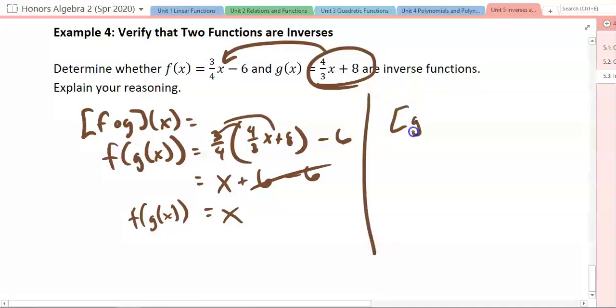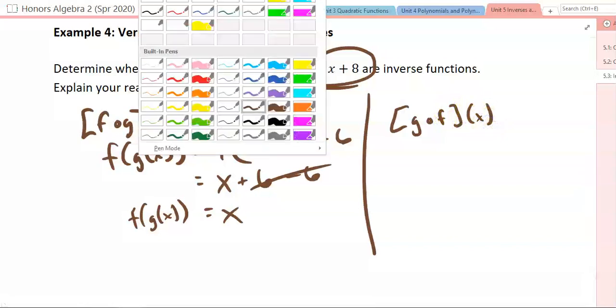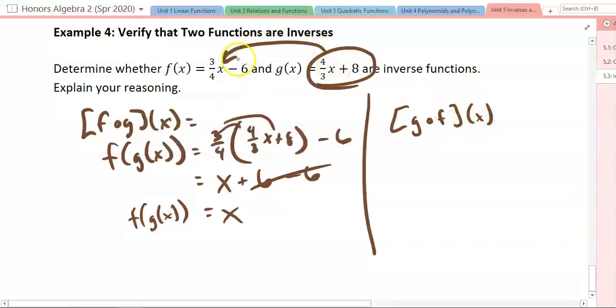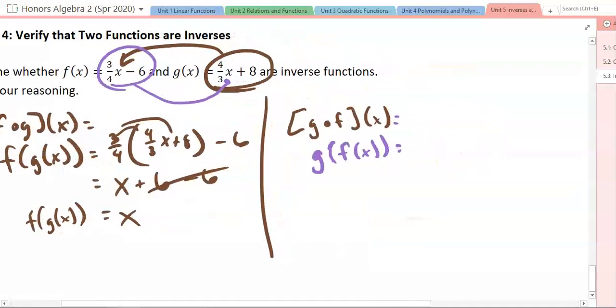So let's do now g of f of x, which means I'm going to switch the order. I'm not going to do the g going into the f, I'm doing the f going into the g. So g of f of x is equal to, so I've got the 4/3, I'm plugging in the f function where I see the x, and then plus the 8 on the end.